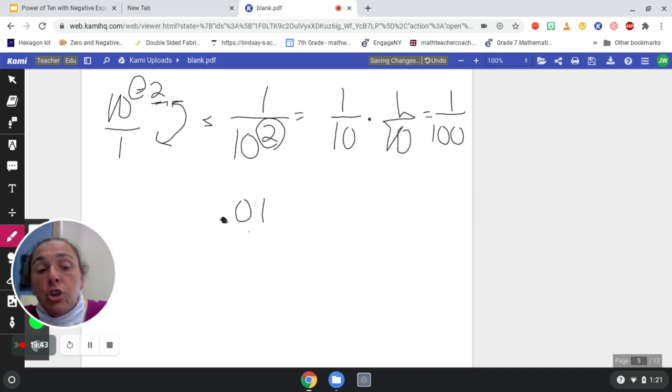So I have filled 2 spots. The last one has to be a 1, so I'm only going to fill in 1 zero. Now, a lot of times we like that 0 out in front of the decimal just so we don't lose sight of where that decimal goes. So, yes, there's 2 zeros, but when I talk about 1 less 0, it is after the decimal.